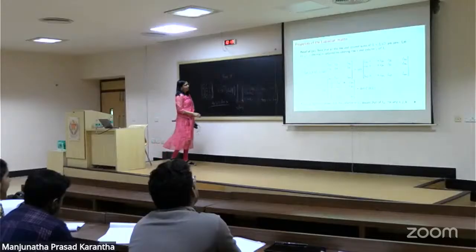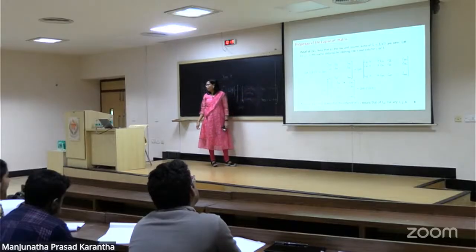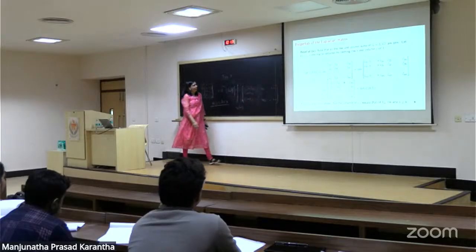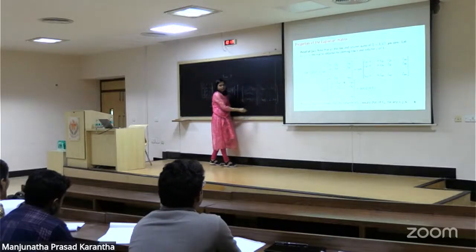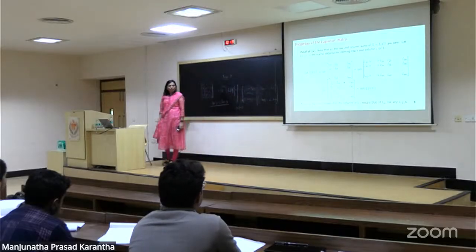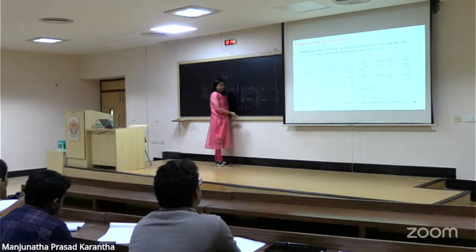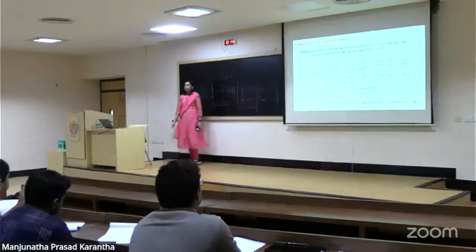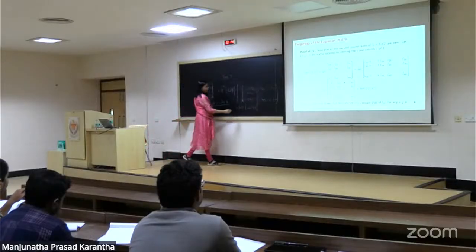The first row is needed, and the second column is deleted. So this is -1 times the determinant of n. And this -1 came because this is 1 plus 2.